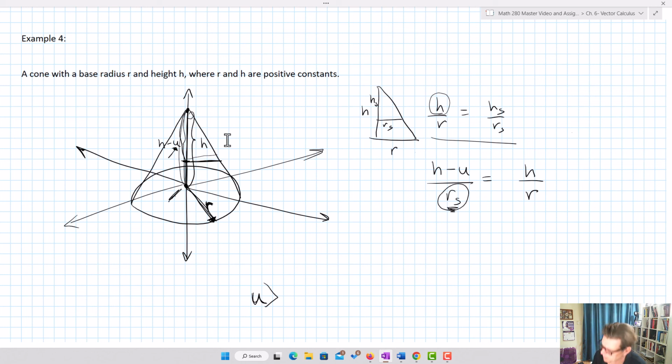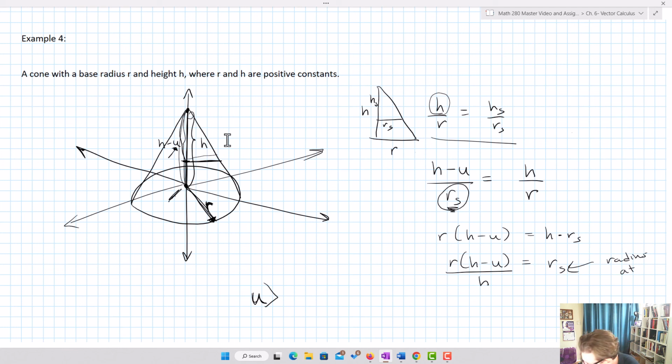Then we're going to plug that back into the equation for our cone, and that's going to give us the entire parametrization. So I'm going to cross multiply, getting R times H minus U equals H times RS. So RS is going to equal R times H minus U over H. And so that's my radius at height U, or at Z equals U, let's say.